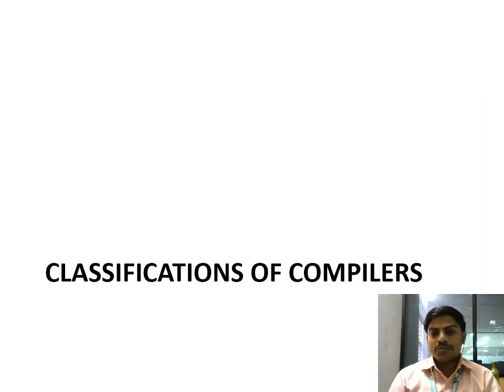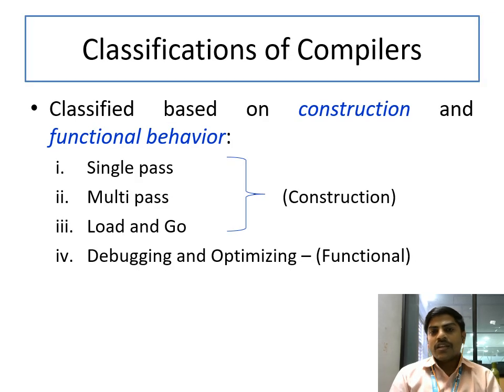Now let us discuss what are the probable classifications of compilers. Based on the construction and functional behavior, there are 4 classifications of compilers: single pass, multipass, load and go, debugging, and optimizing compilers. The first 3 are purely based on how they are constructed, while the last is based on the functionality of the compiler.